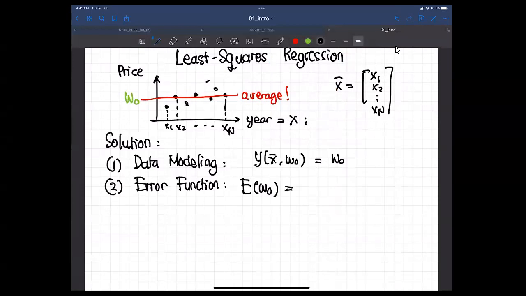What is one of the most popular error functions? Anyone? Exactly, L2 or the quadratic function.